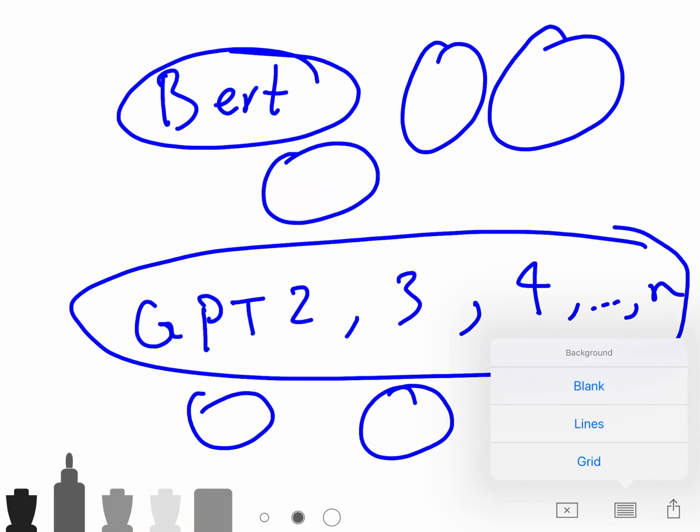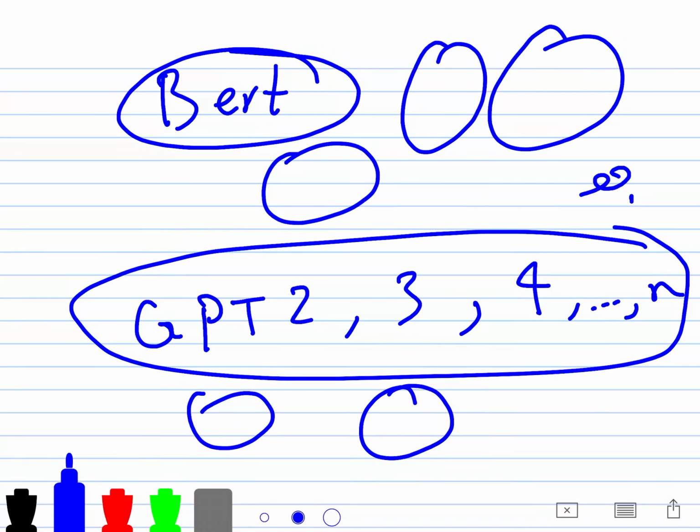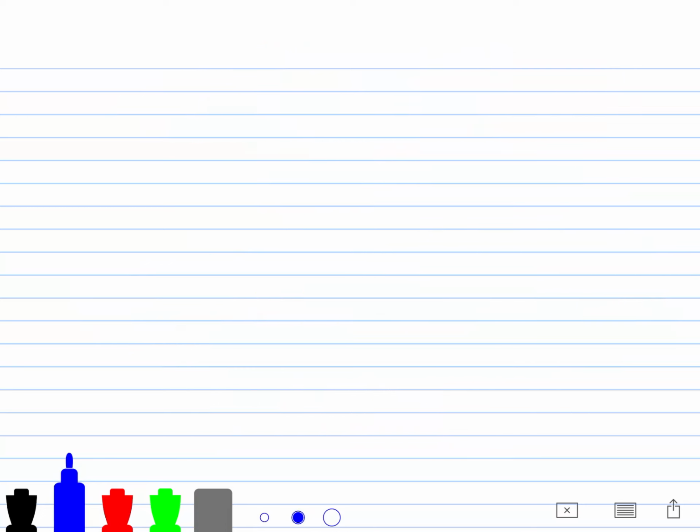So there are lots of different ways to leverage transformers for future applications.